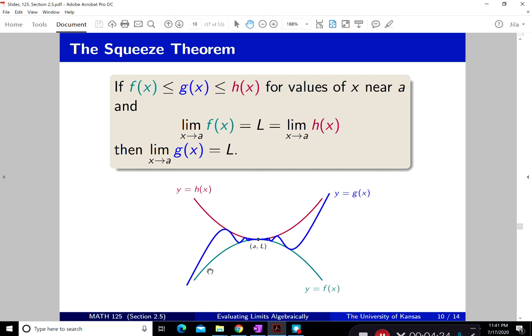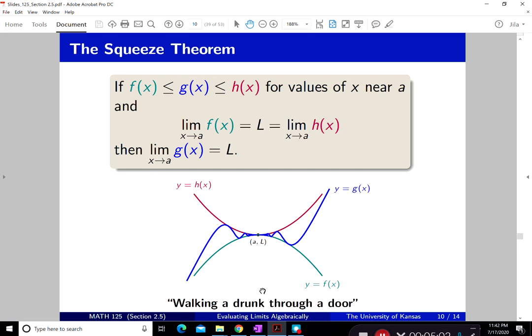Now we find another function that wiggles a lot around here, and I don't have any way of finding its limit. What do I do? If that other blue function is squeezed between the two other functions, its limit is going to be the same as the limit of those two other ones.